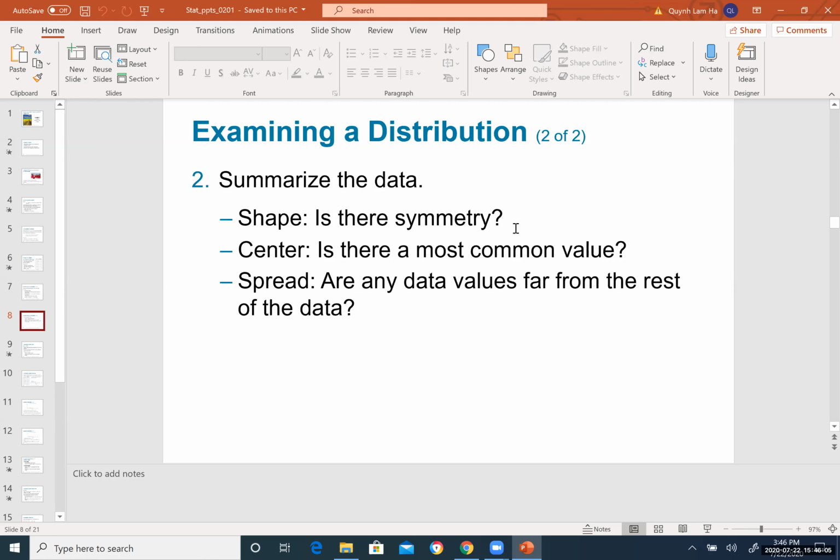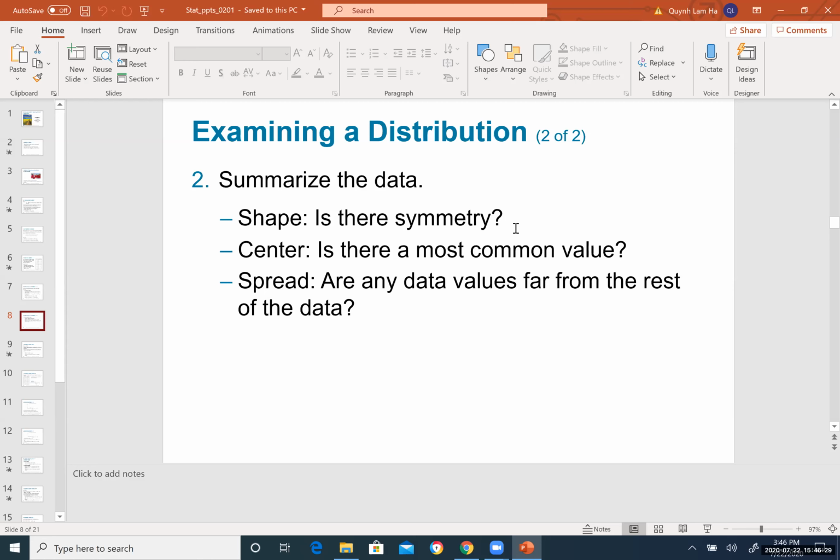We have a bimodal, which has two mounds. For symmetry, we call it unimodal, which only has one mound. And we have uniform, skewed to the right, and skewed to the left. So you need to look at a graph and determine those kinds of shapes.